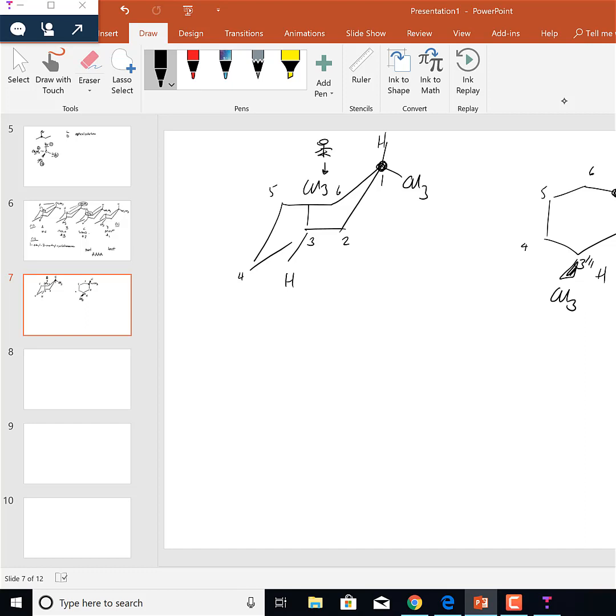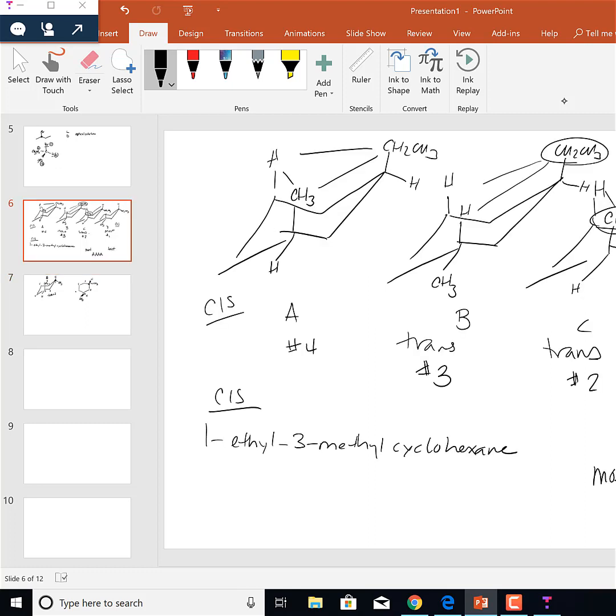In this case, this molecule is what? Cis or trans? It's trans. Now, if I went back to the last molecule and looked at trans, the two trans were actually one axial, one equatorial.